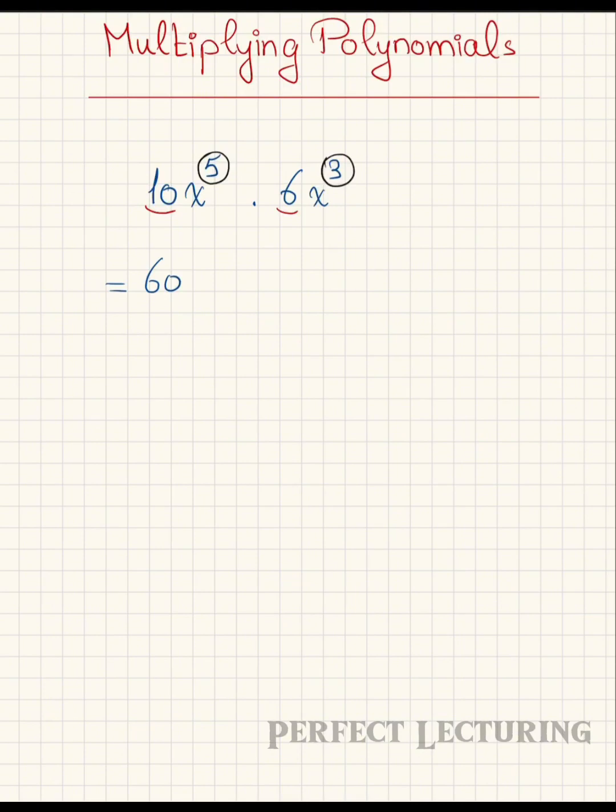Why do I add the exponents? Well, because I am multiplying x to the power of 5 and x to the power of 3, so both have the same base. Multiplying two numbers with the same base means that I have to add the corresponding exponents. So it simply is x to the power of 8, which is 5 plus 3. So this is how I multiply two terms.